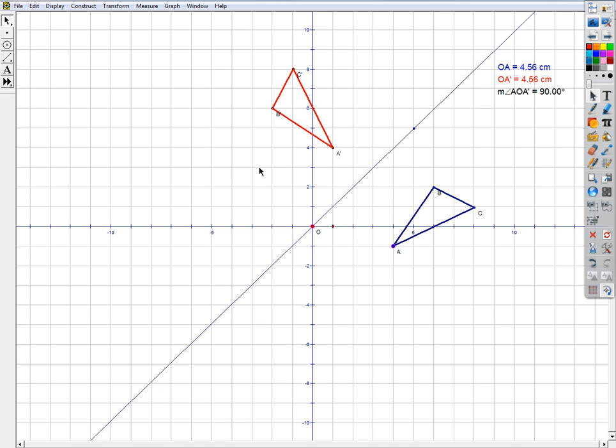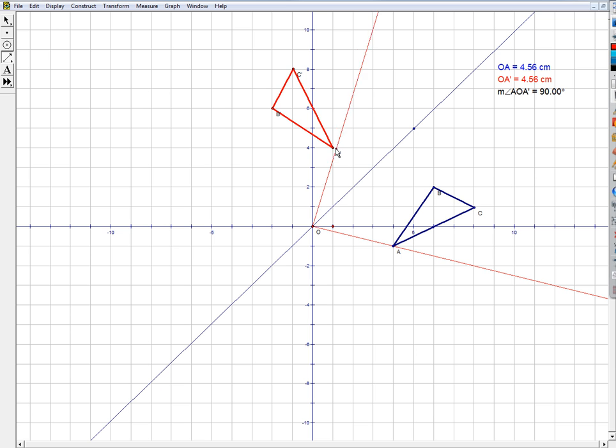If I go from there to there. Okay, so that angle that's formed, does that look like a right angle to you? It is, right?